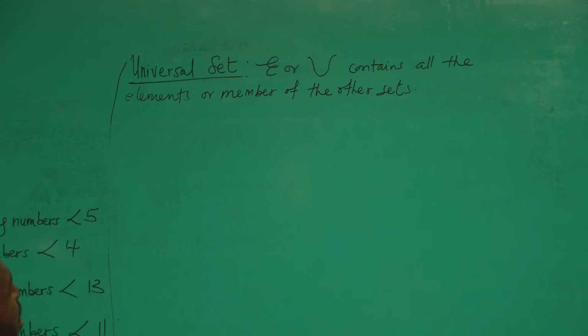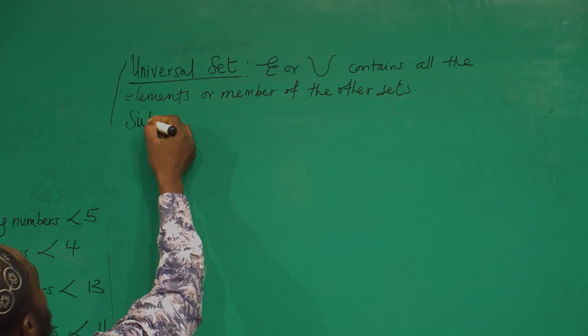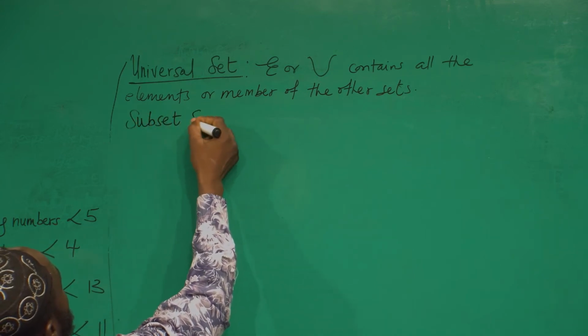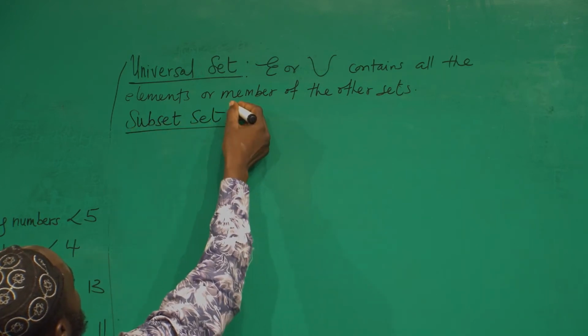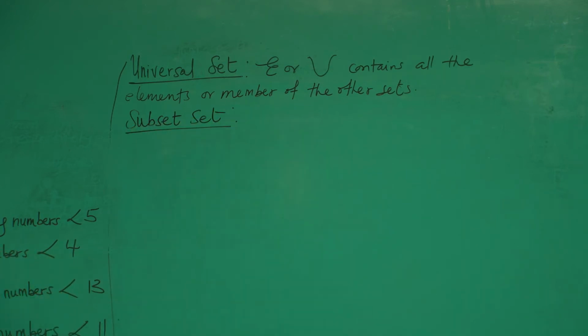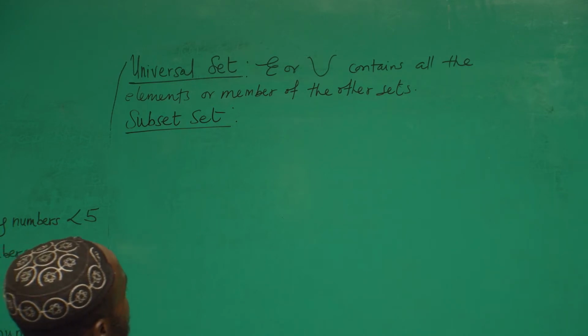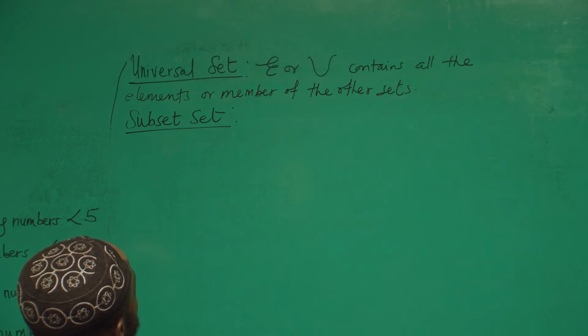Then we have a subset. And this set is a set whose members, or all its members, can be found in another set.